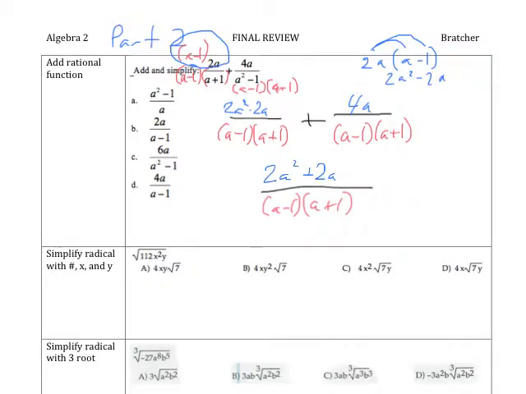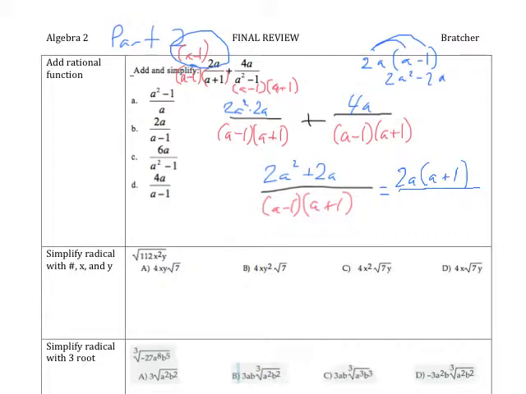Now I'd love to say that was done, but again, if you check the answer choices, we don't have that. It turns out we can do a little bit of GCF factoring across the top, which would give you a 2a times a plus 1 on top.